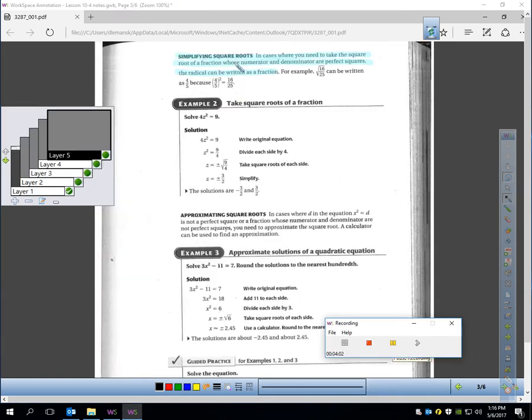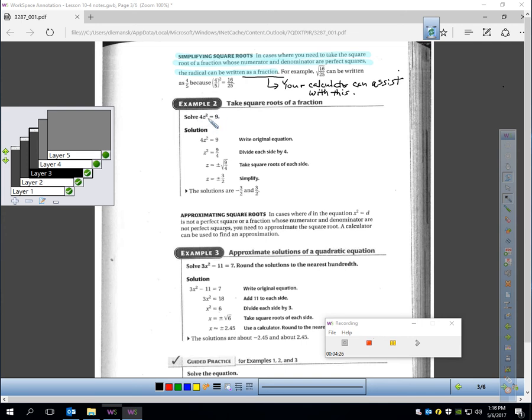Simplifying square roots. In cases where you need to take the square root of a fraction whose numerator and denominator are perfect squares, the radical can be written as a fraction. So now your calculator can definitely assist you with this. For example, let's take this problem.